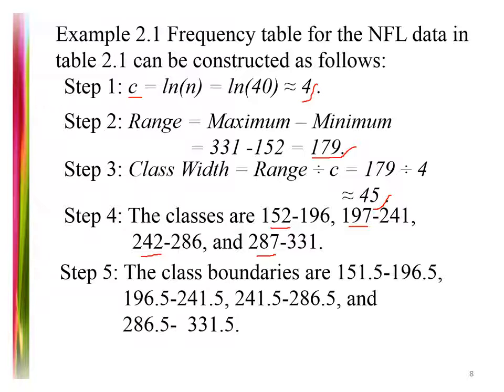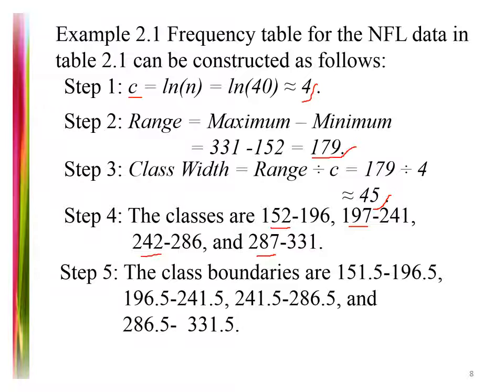This is just the class limit. In this case 152 to 196, these are not continuous, so we have to make a continuity correction. The continuity correction means first we calculate the difference between two consecutive class lower and upper values and divide by 2, then add that value to the upper value and subtract that value from the lower value.